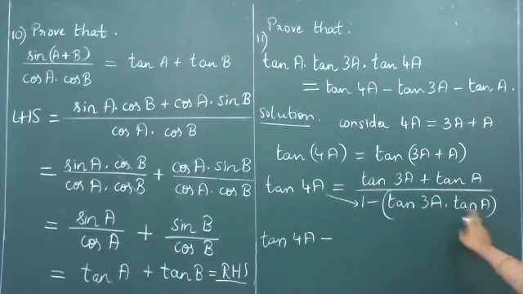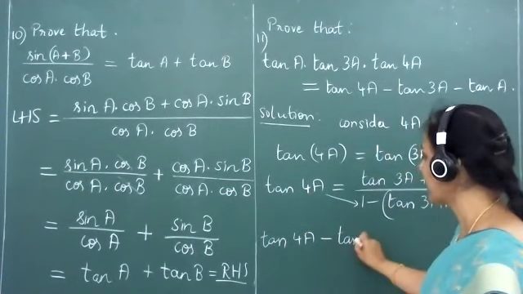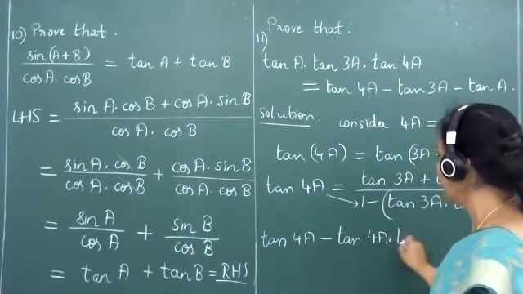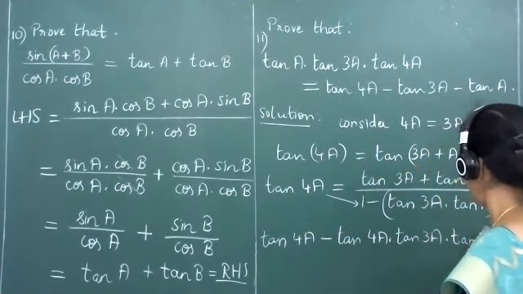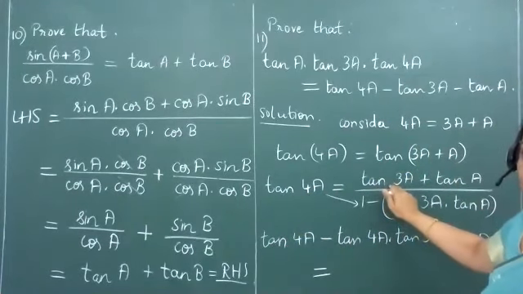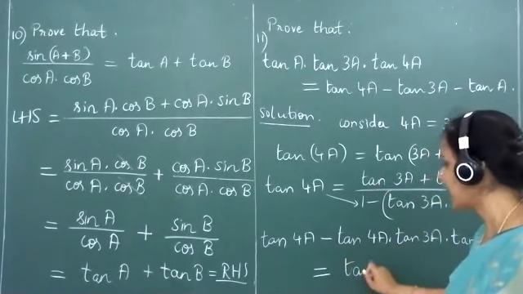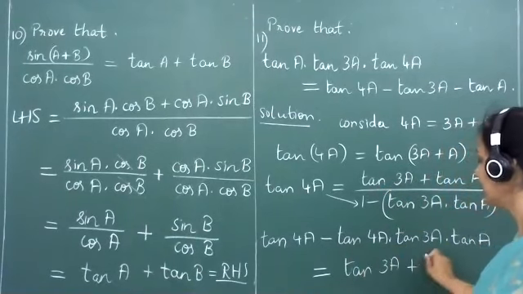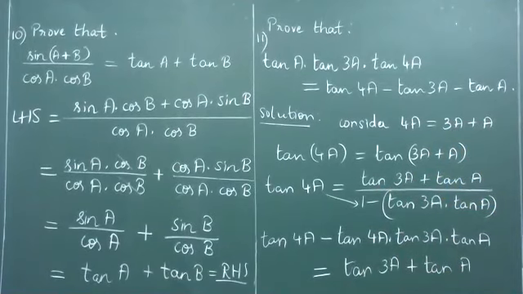Tan 4A into the product tan 3A into tan A will come as tan 4A into tan 3A multiplied with tan A. Now this is going to be equal to the numerator tan 3A plus tan A. There is a very simple operation which is taken here. It is only the cross multiplication.